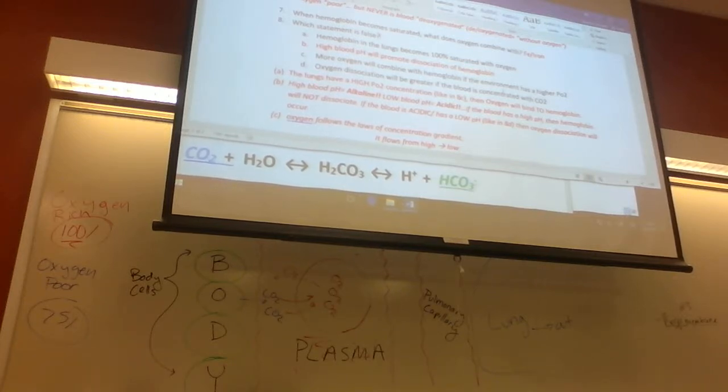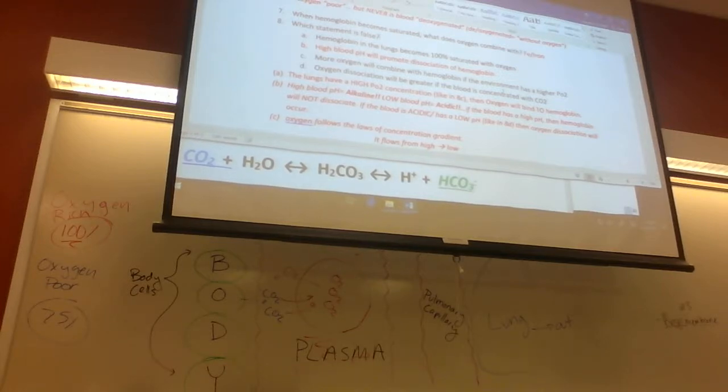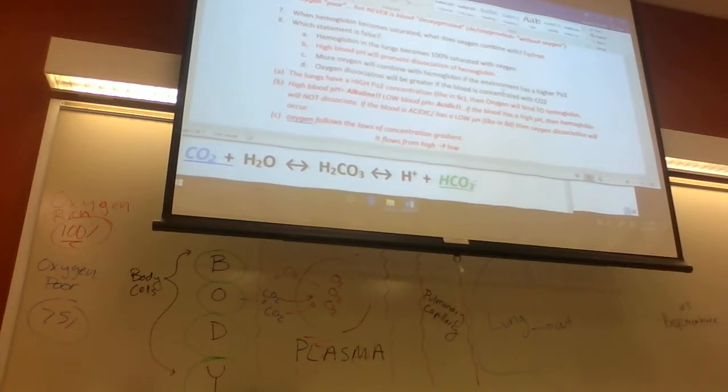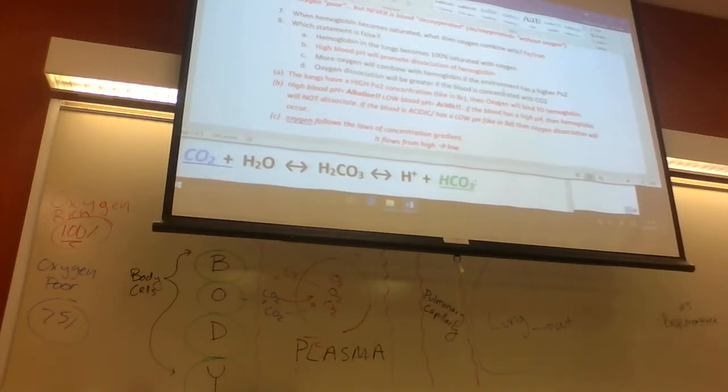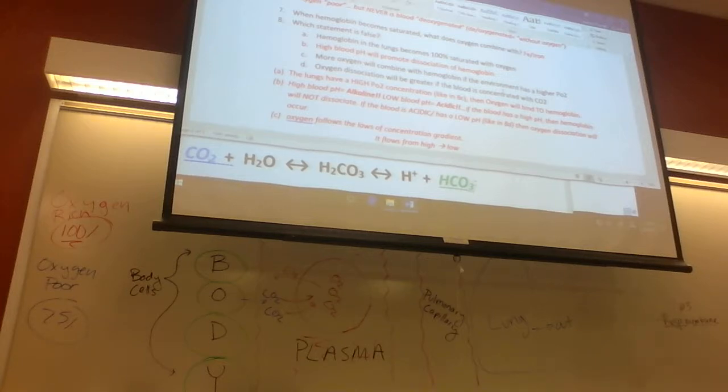Think about a sock, when you put it in water, it gets saturated with water, you know? So when hemoglobin becomes saturated with oxygen, what is it that oxygen is combining with? Well, oxygen is combining with iron. So that's important. It came up twice. You better not get that wrong.